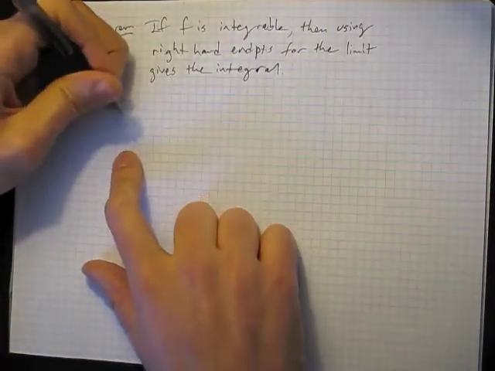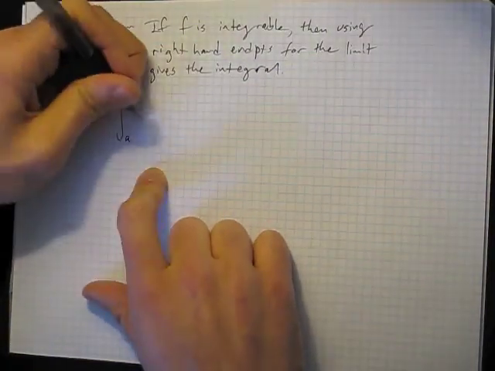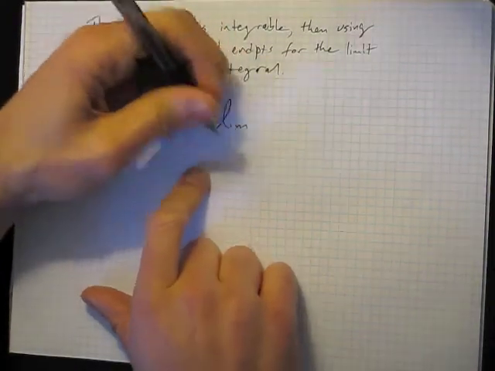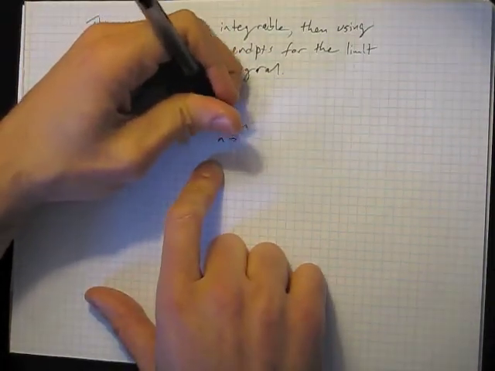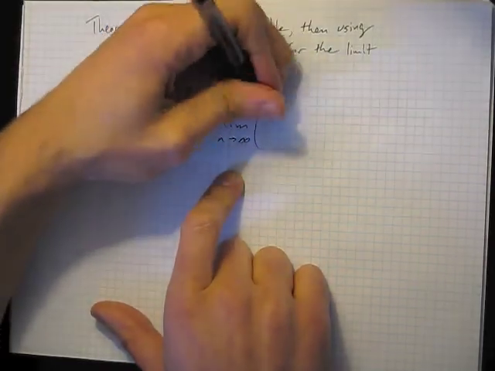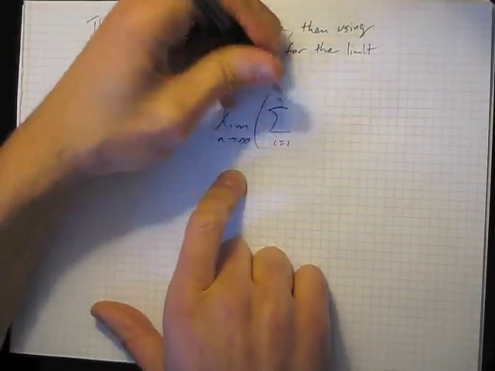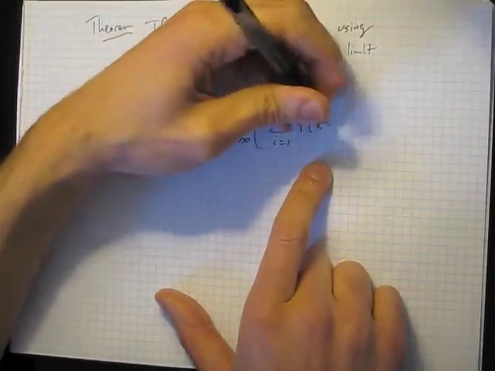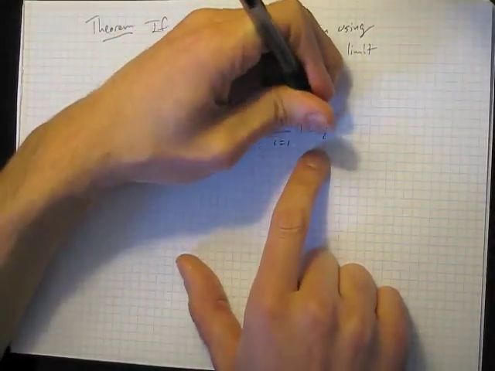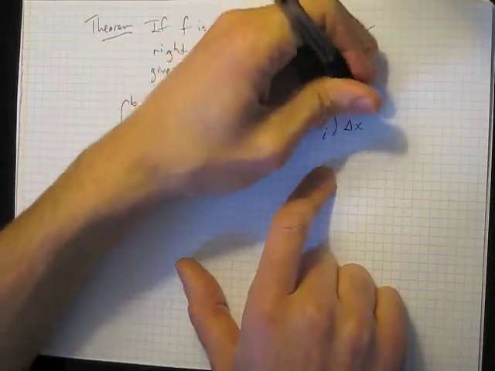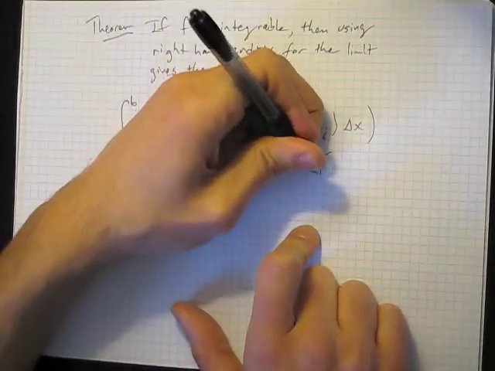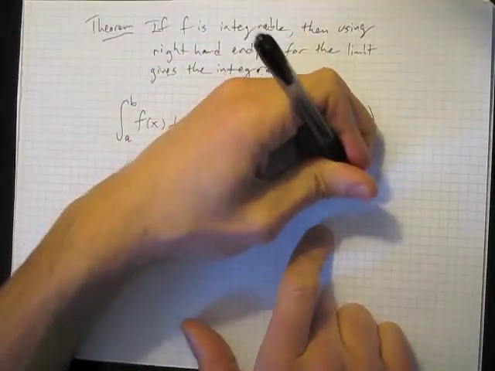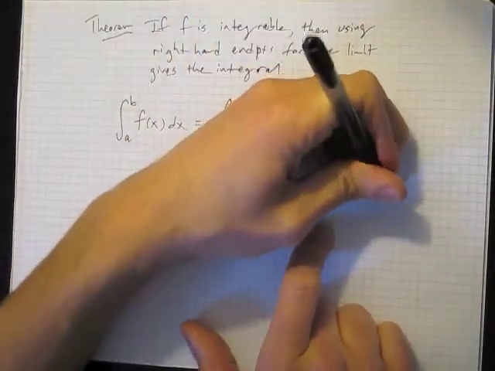What that means is the integral from a to b of f, you can think of it as the limit as n goes to infinity of the sum from 1 to n, and we can take xi to be a plus i times delta x.